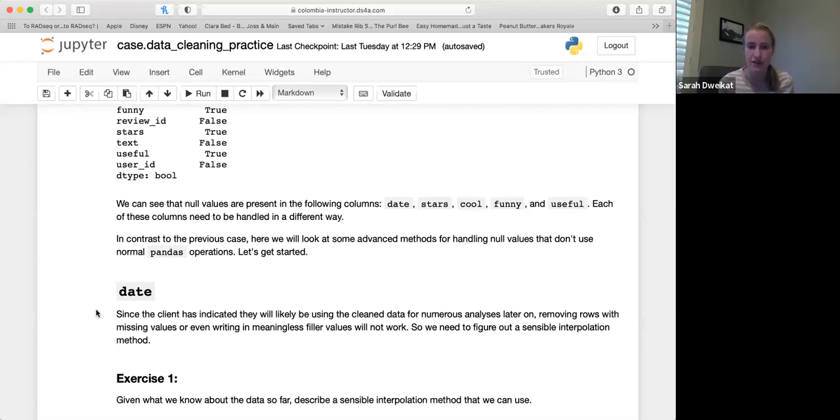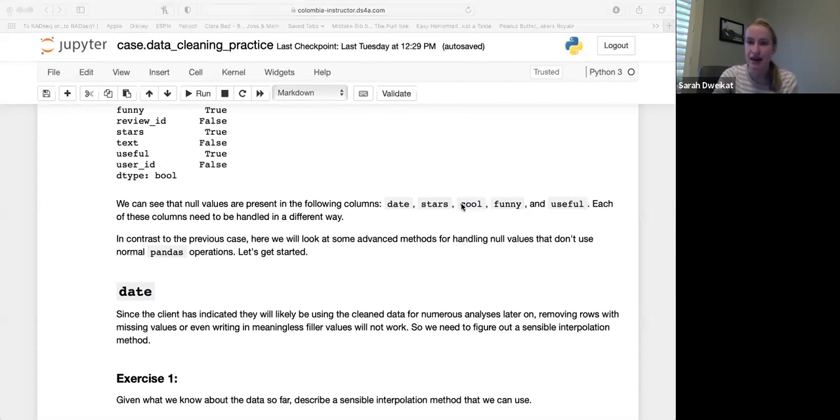So for exercise 1, given what we know about the data so far, which is pretty little, describe a sensible interpolation method that we can use. Let's take a minute to think about this, and then let's use the live chat. How do you think that we should handle this data for the date column?